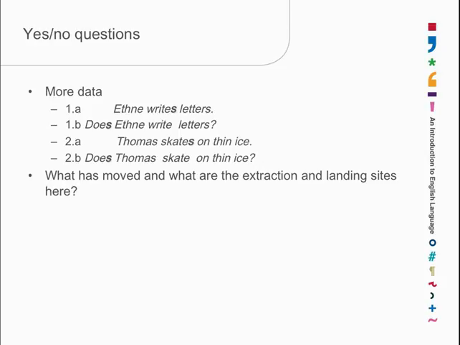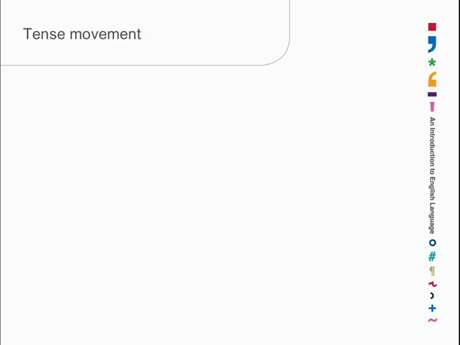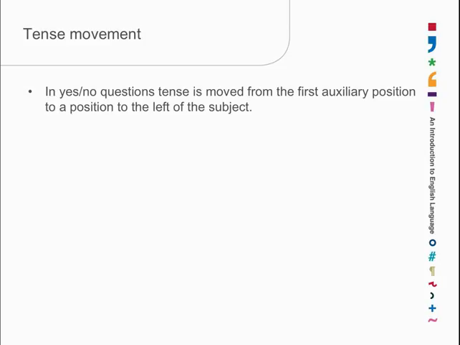It's a bound morpheme, so it needs a stem, and do is coming along to help. We can call this tense movement because when we looked at the auxiliaries, they were also the tensed auxiliaries that got moved to the front. In yes-no questions, tense is moved from the first auxiliary position to a position to the left of the subject.